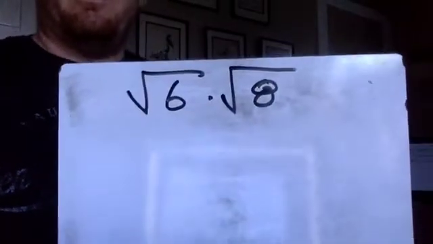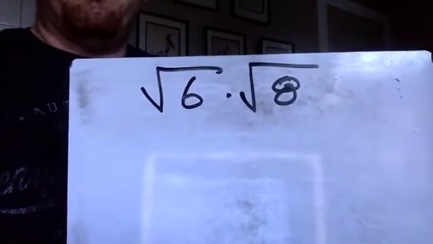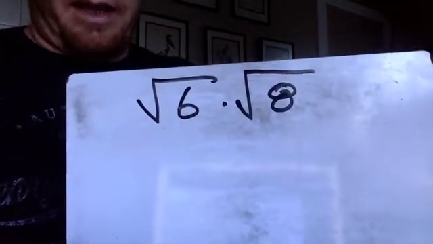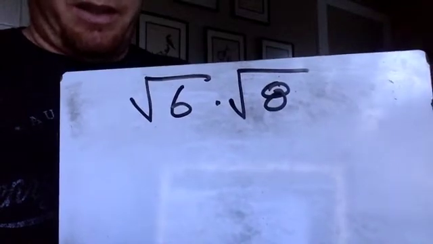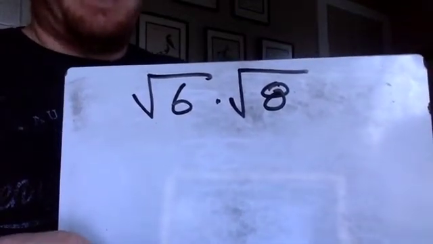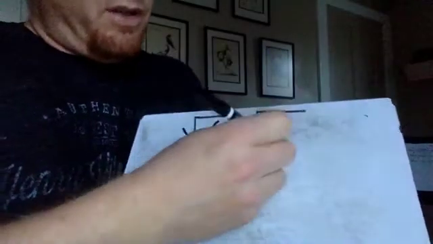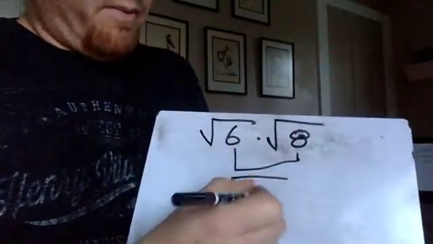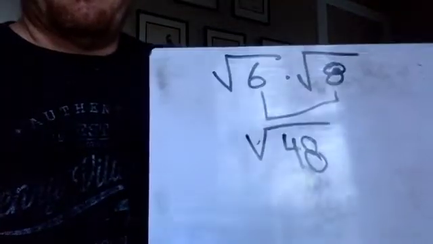I apologize about the glare. But let's stick with what we've been doing. Let's multiply it all together so that we don't have to do certain things twice. So the square root of 6 times the square root of 8: 6 times 8, multiply these two together, and you get the square root of 48.